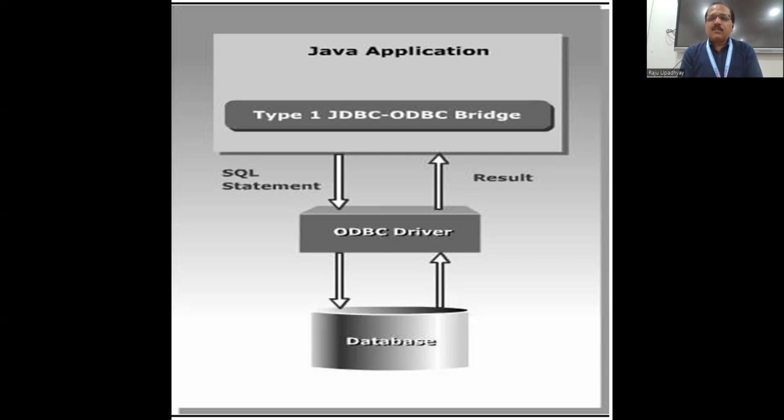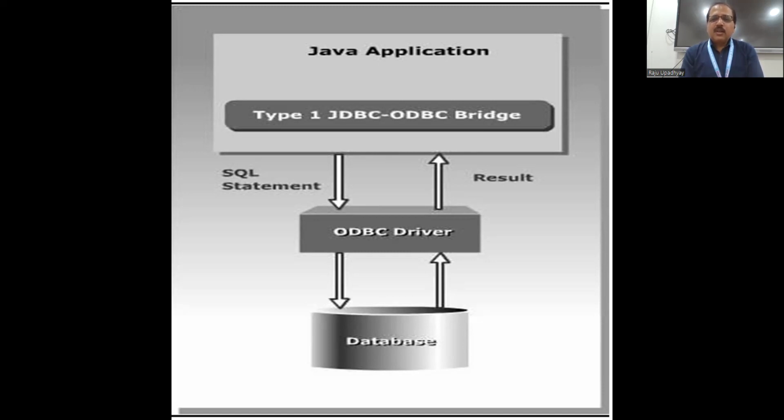If the database did not have ODBC support, your Java application was unable to communicate with it. And as we know, a Java application cannot interact directly with the ODBC driver. Again, this is the issue.